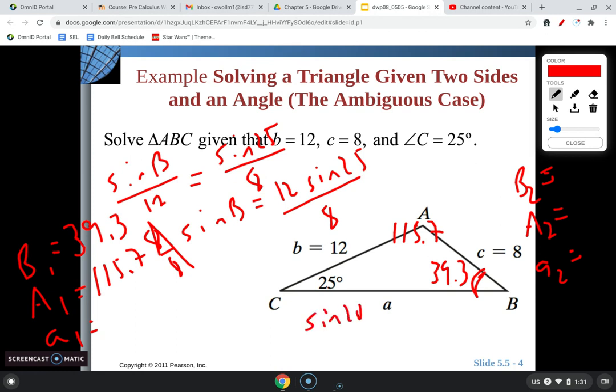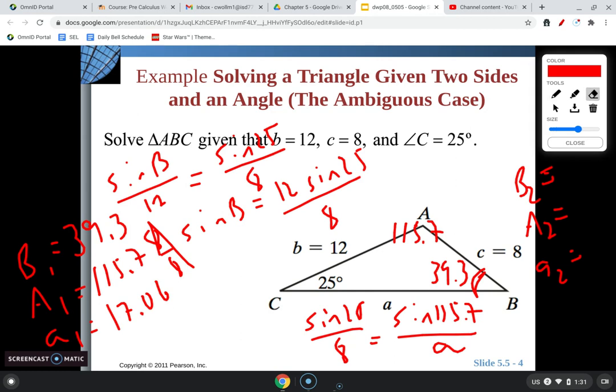So we're going to go sine 25 over 8 equals sine 115.7 over A. So I'm going to cross multiply: 8 sine 115.7, hit enter, divided by the sine of 25. Hit enter, 17.06. Okay, so we found all, you would just find the first set of stuff like you would normally.